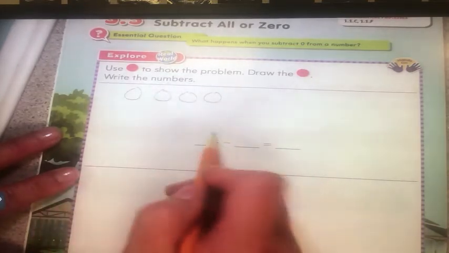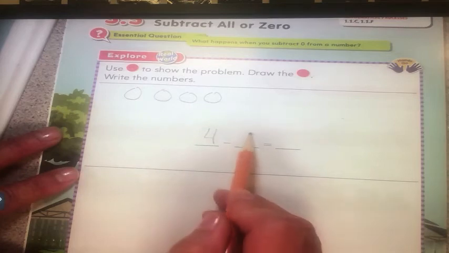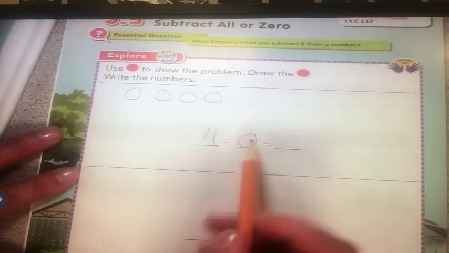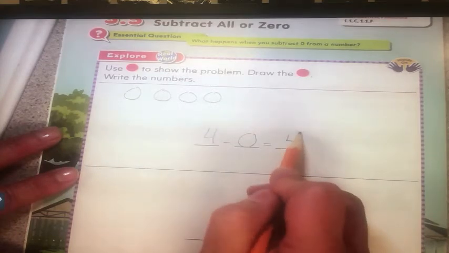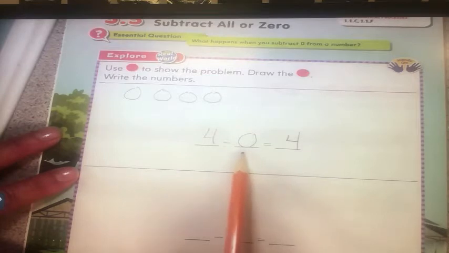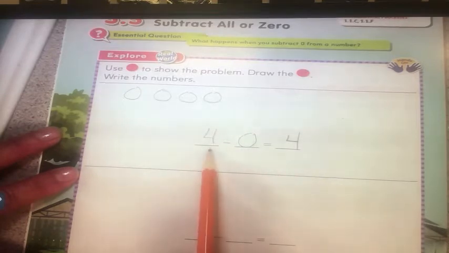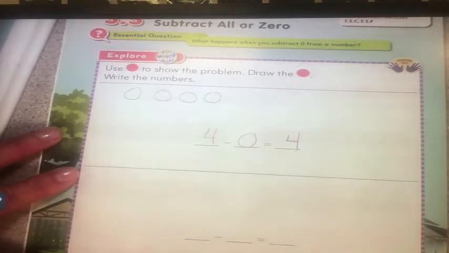So if I have 4, we're finding the difference, and 0 are taken off. 4 minus 0 is what? 4. So you can conclude that if you subtract 0 from a number, it's still going to be what? That same number, because you're not taking any away. It's going to stay the same.